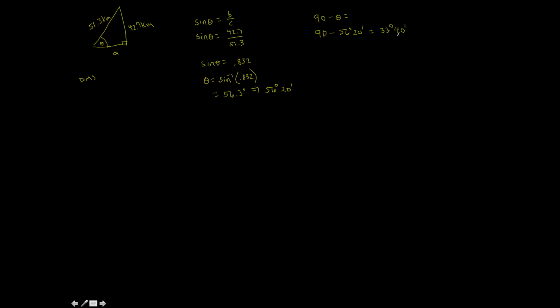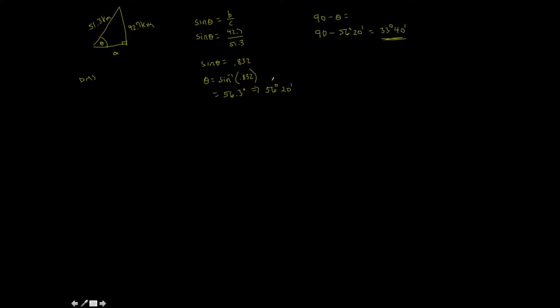Remember, 20 and 40 give me 60 minutes, which gives me 1 degree. 56 and 33 give me 89. So that's how we're getting back to that 90, if it's confusing you. If you need to, you can always say 90 minus 56.3 and get the decimal degree answer, and then change it to degrees, minutes, and seconds if that confuses you.